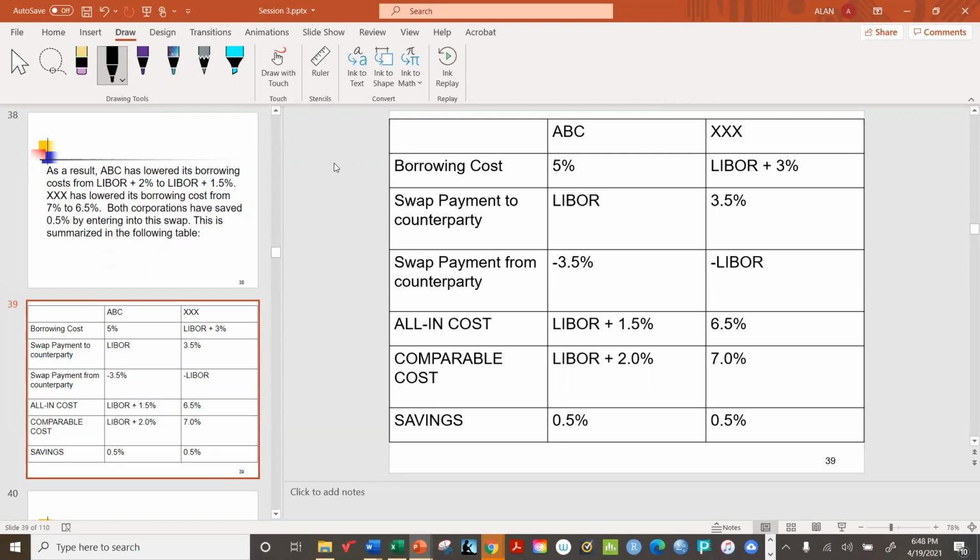They're still both exposed to credit risk. If ABC goes out of business, XXX might not make any money. In fact, they might lose money. Same thing with XXX. So yes, it's true that they've found a way to save money, but it's also true they're both now exposed to credit risk. And so that's something that has to be taken into account.